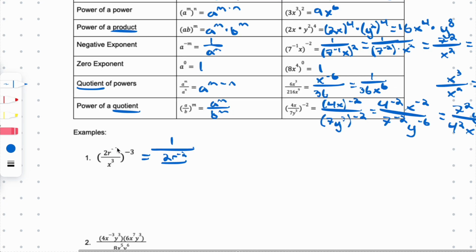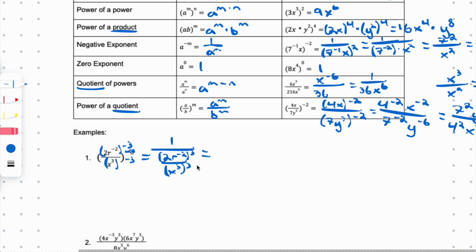So this is the same thing as 2r to the negative second to the negative third, and x cubed to the negative third, if that makes sense, okay? I know this is getting kind of messy. So we raise this to the third, and x cubed to the third. Right, so I'm able to have a positive exponent here because I'm putting 1 over this entire term.